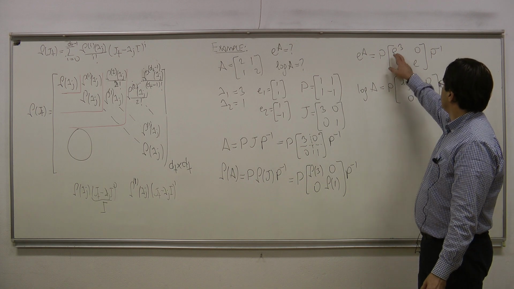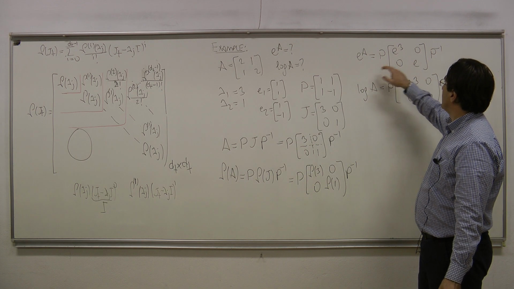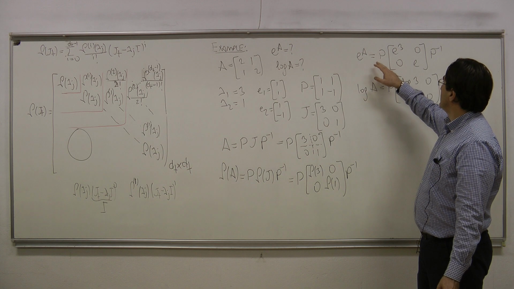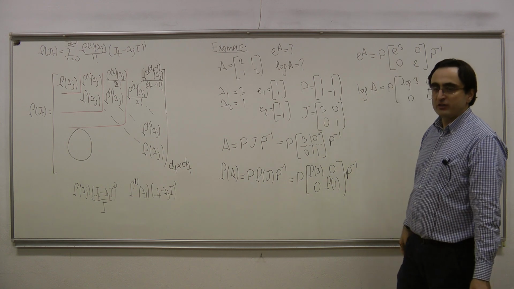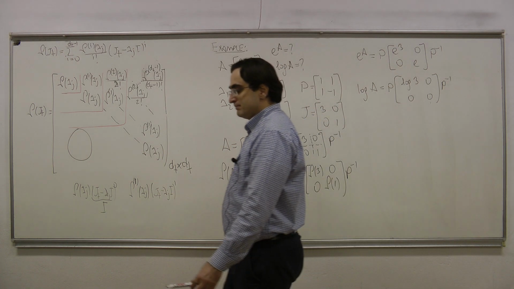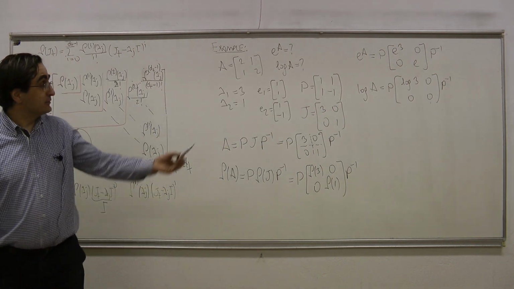Here e cubed and e are what we get when we pass 3 and 1 through the function e to the s.